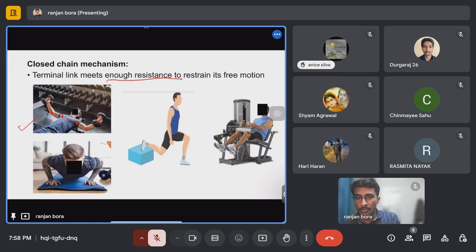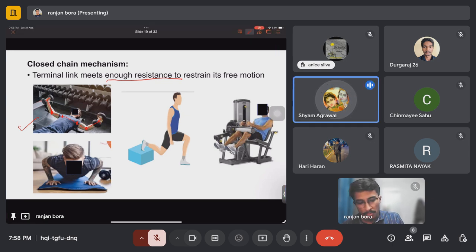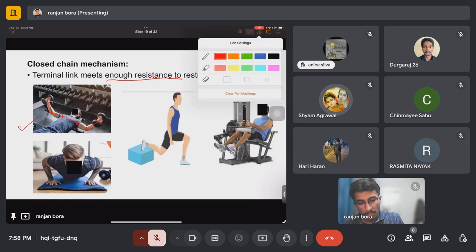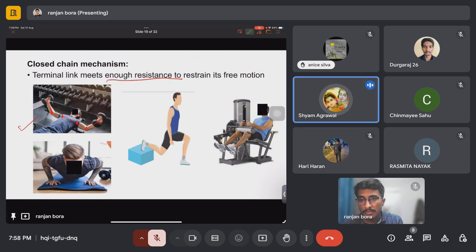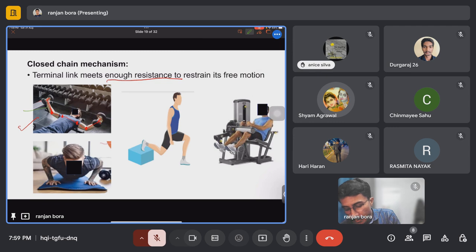So which are the terminal links here? Yeah. The terminal link is this link, the one holding the dumbbell.